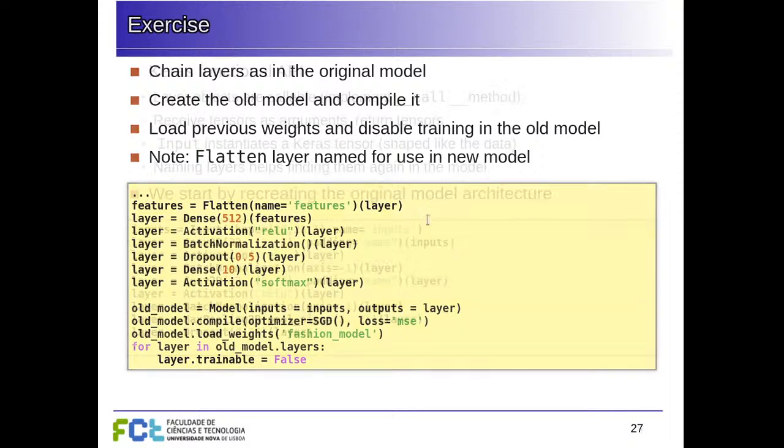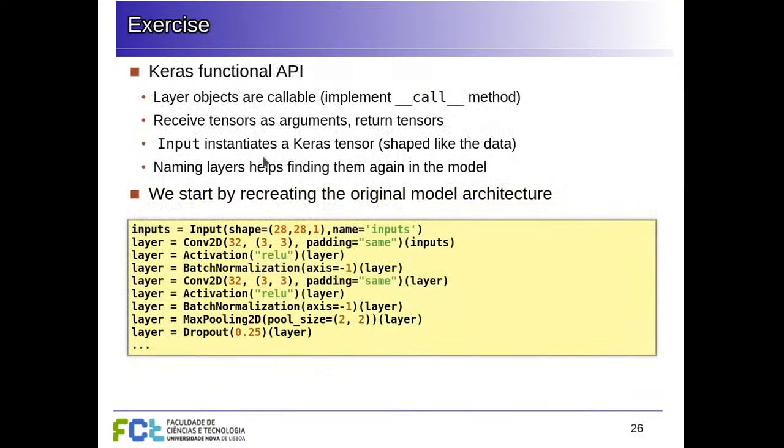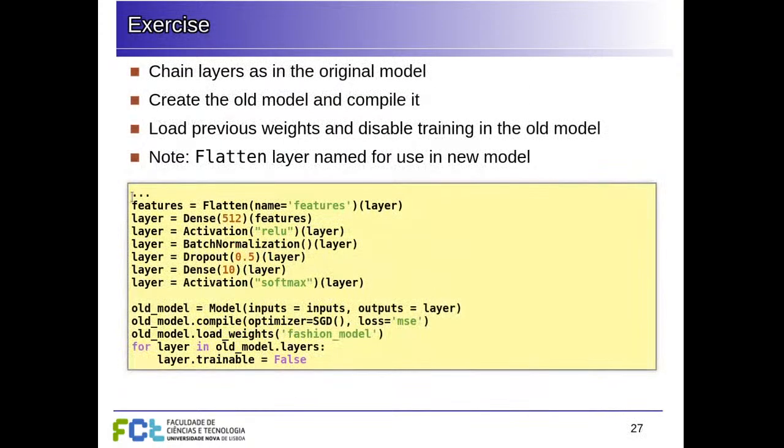So continue, create all the model that you had before, including all the dense layers, because you need everything to load the weights. In order for you to load the weights from the previous exercise from last week, you need to have a model that is exactly the same. Otherwise, Keras cannot match the weights to the correct layers.